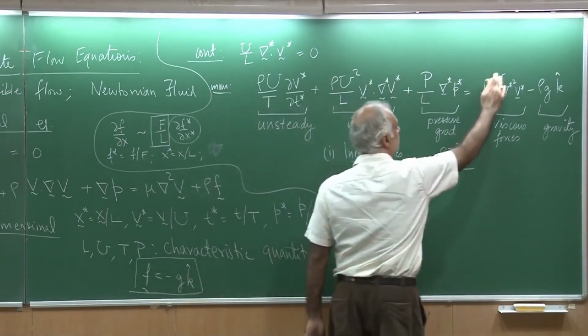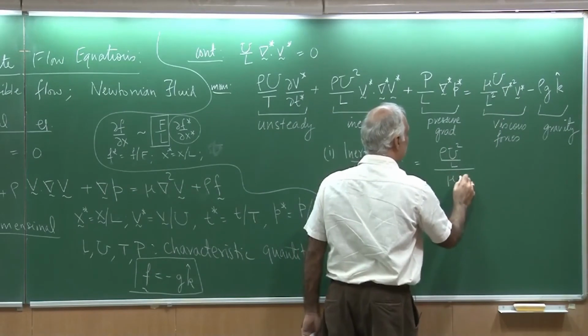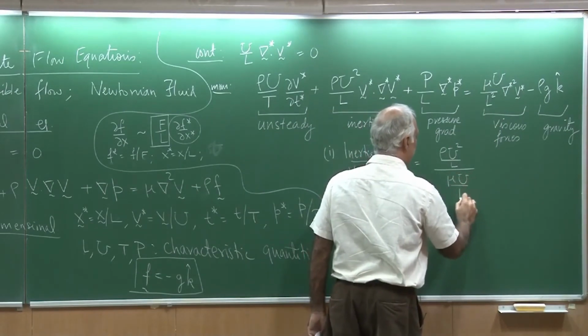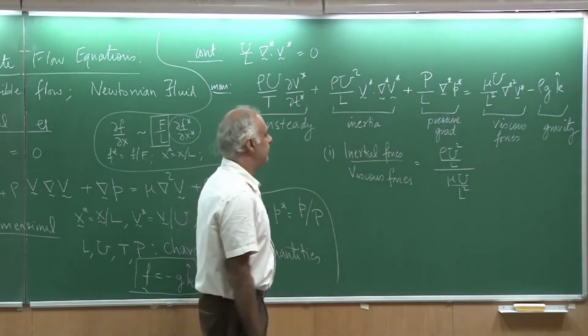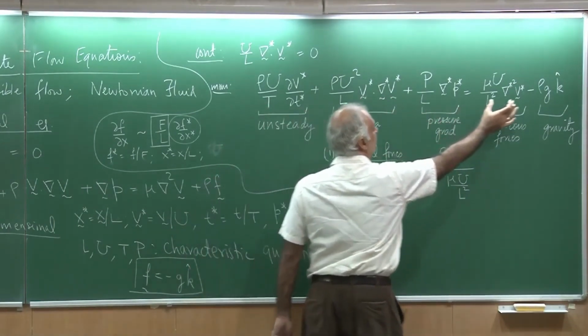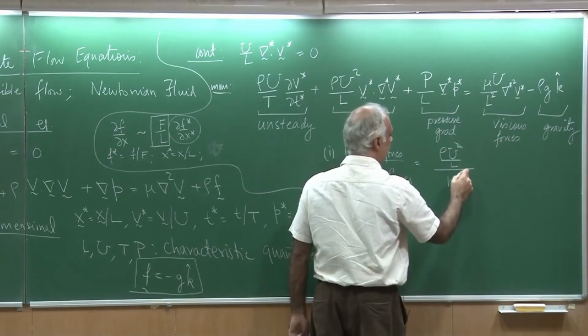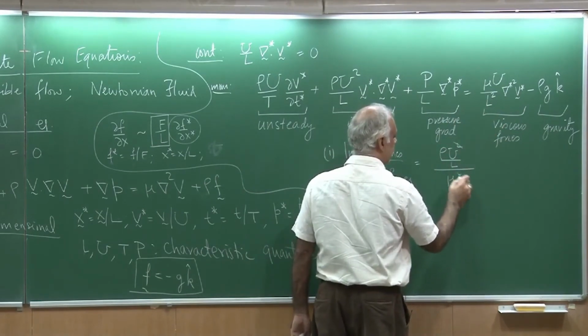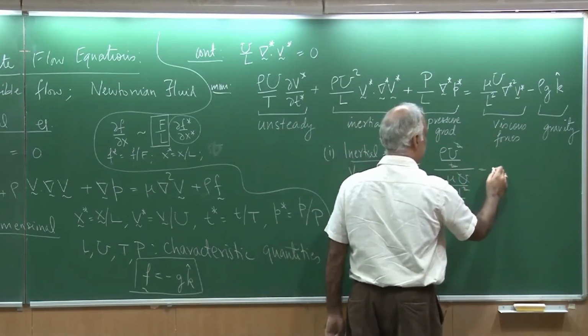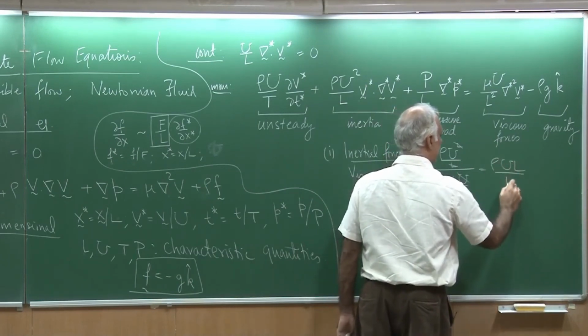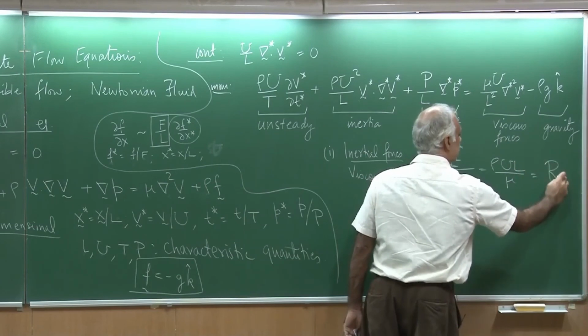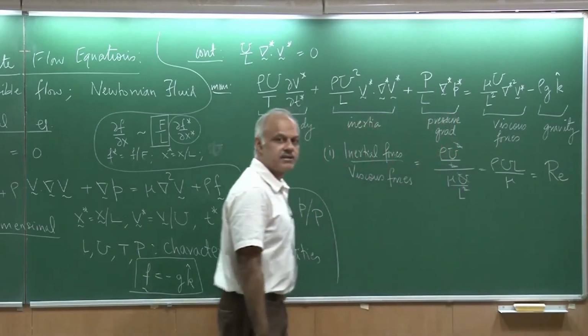And the viscous forces are of the order of mu u by L square, right? Because the other coefficients are of the order of 1. So if I do the arithmetic, then you will see this becomes rho u L by mu, which of course is Re, the Reynolds number.